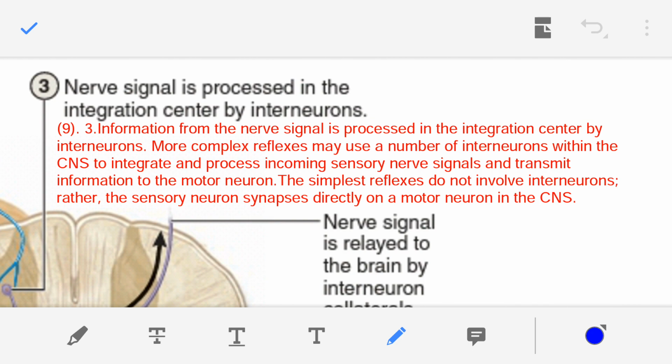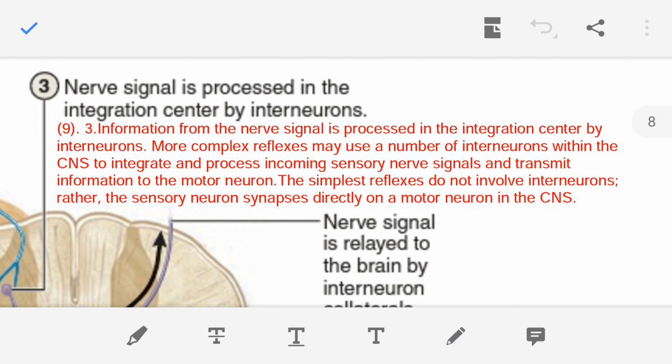So in the spinal cord, information from the nerve signal is processed in the integration center by the interneuron. Now if the reflex is a complex one, then more interneurons are involved within the CNS, integrating and processing the incoming sensory input, and then they transmit the information to the motor neuron.